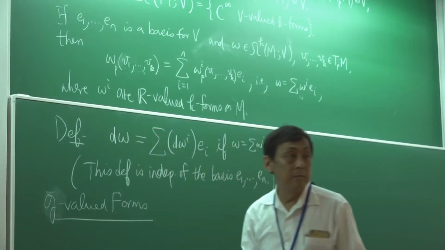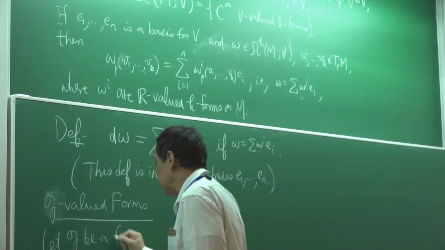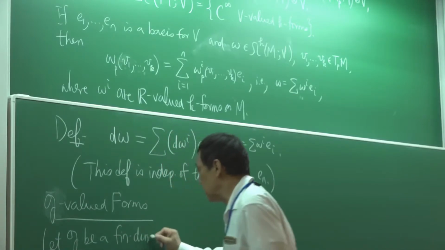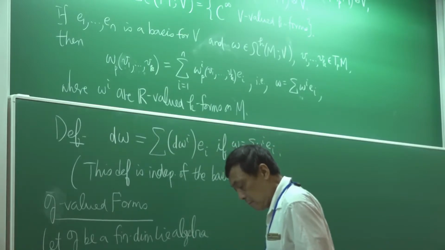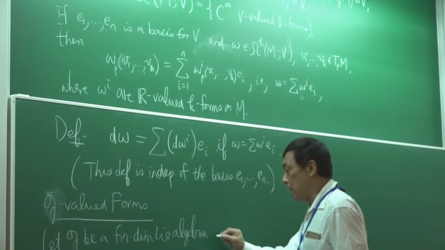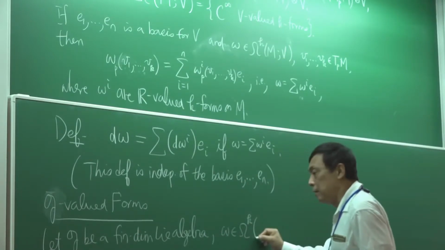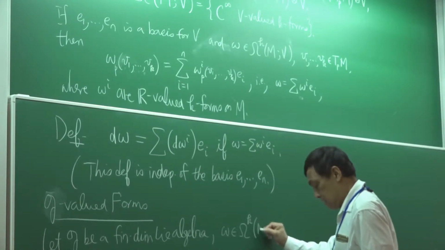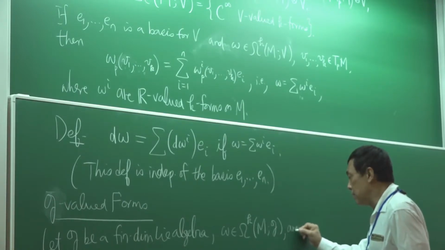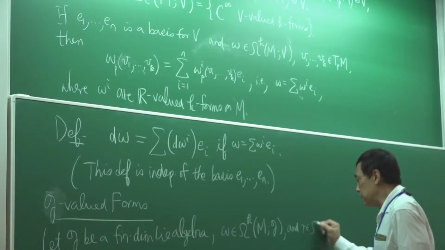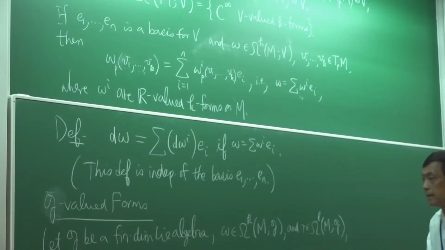Let G be a finite dimensional Lie algebra, and omega is a G-valued k-form, and tau is a G-valued l-form.